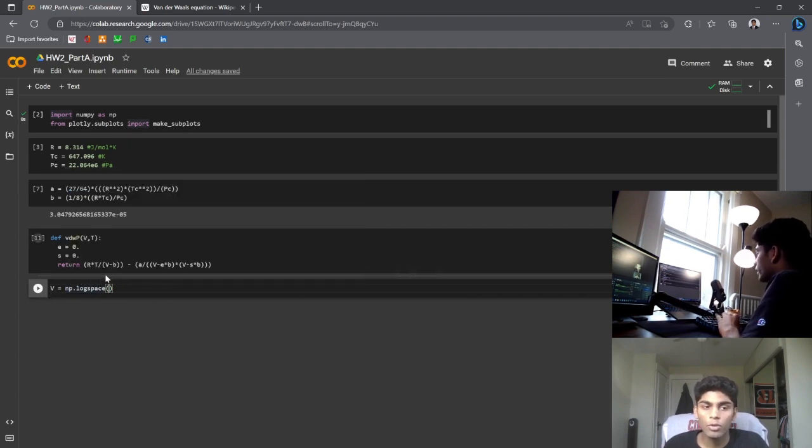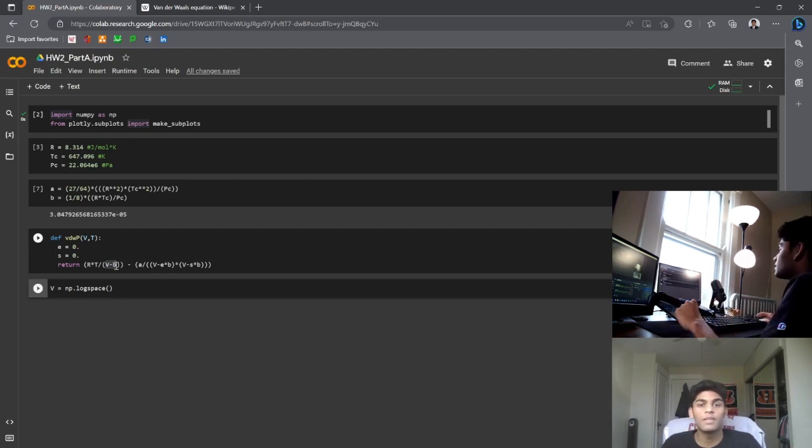Now, the other thing we want to look at here is this V minus b. Now, b is representative of the amount of volume taken up by atoms. So we don't necessarily want V to be equal to b, because then it's a divide by zero error and it just doesn't make sense.